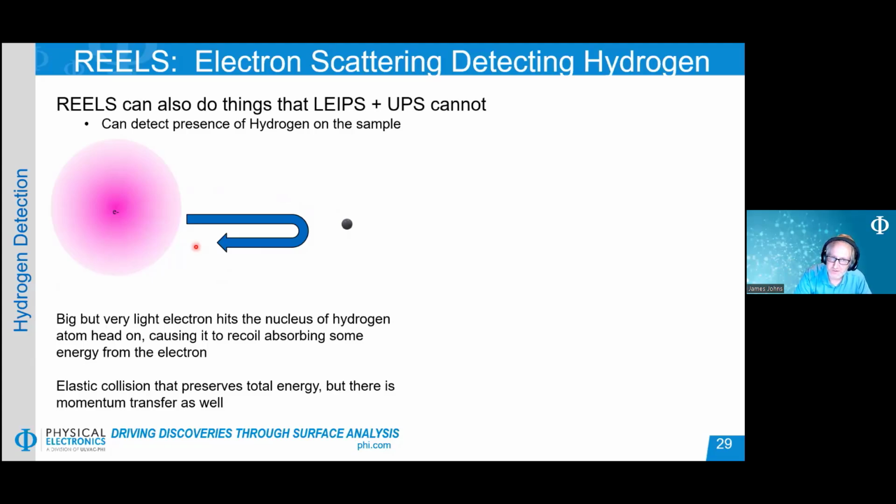But hydrogen is so light that when you transfer that momentum, the hydrogen picks it up as p squared over 2m kinetic energy. The electron has to give up that energy to do that. And so that means that the electron actually loses energy in that elastic collision because it's transferring it to the hydrogen through momentum transfer.